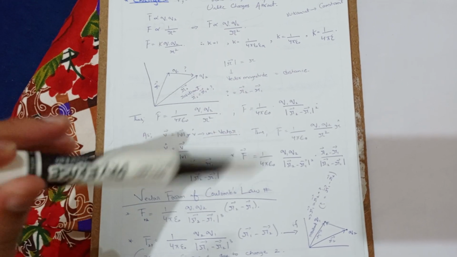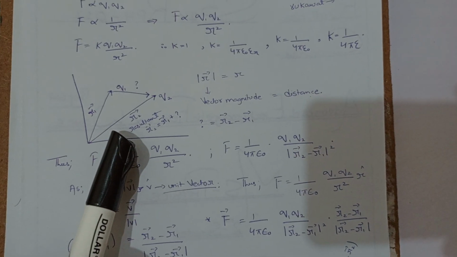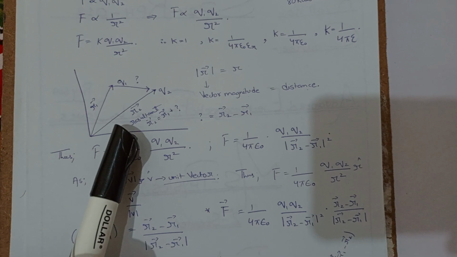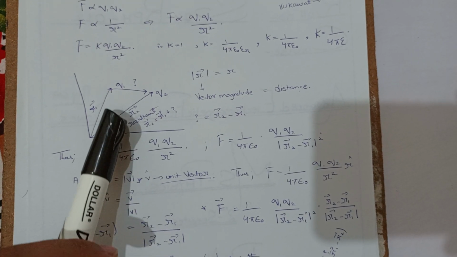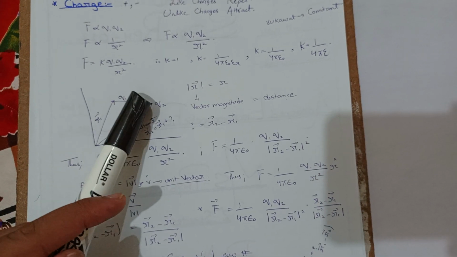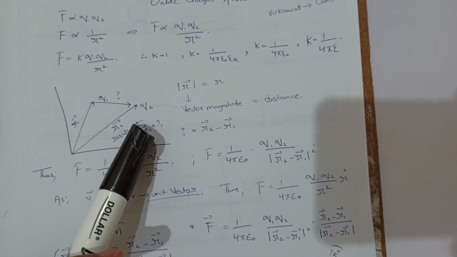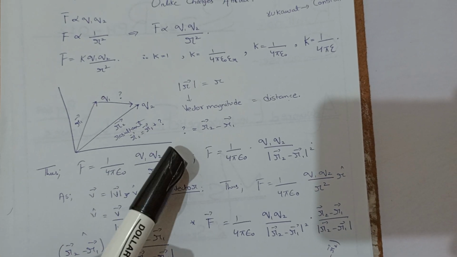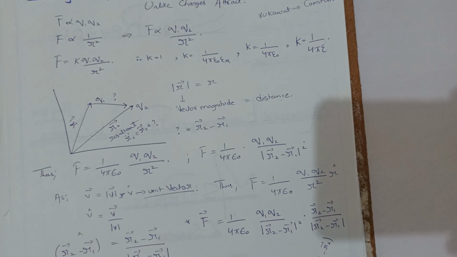So here you can see that our resultant vector, which is r2, is equal to r1 plus a question mark, because we don't know the distance between q1 and q2 and have to find it. So r2 = r1 + ?, and to find this it becomes r2 minus r1.